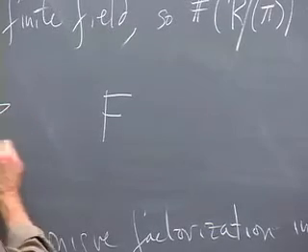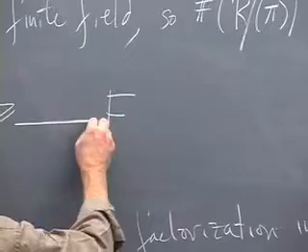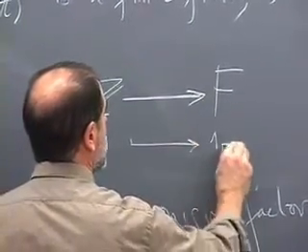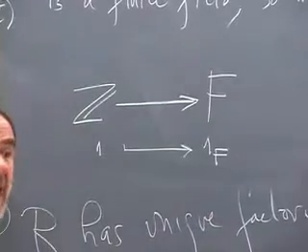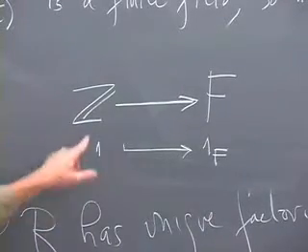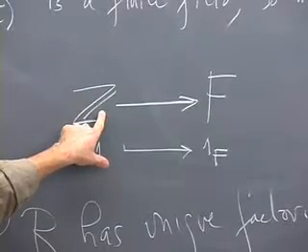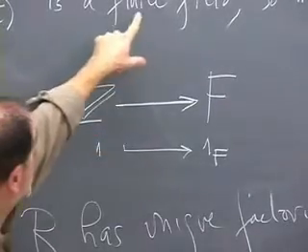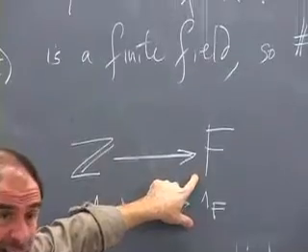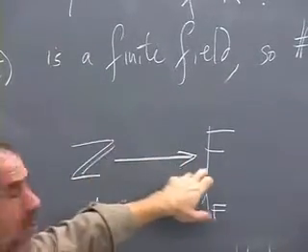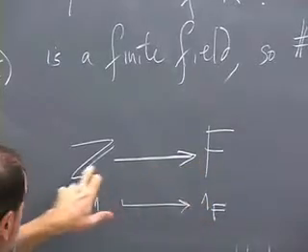So we have a natural map for any field from Z to the field that takes 1 to 1 in the field. That's true for any ring. In general, this thing has a kernel which is an ideal of Z. Here it has to have a kernel because this field is finite, so it can't be an inclusion of the integers, which is an infinite ring, into a finite field. So it has to have a kernel.